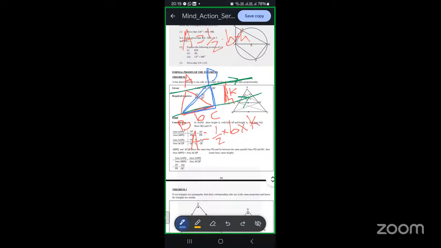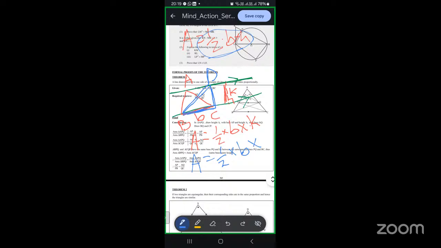Then the area for the blue triangle is still half times base times height. The base for this blue triangle is still BC, which is B, times the height.